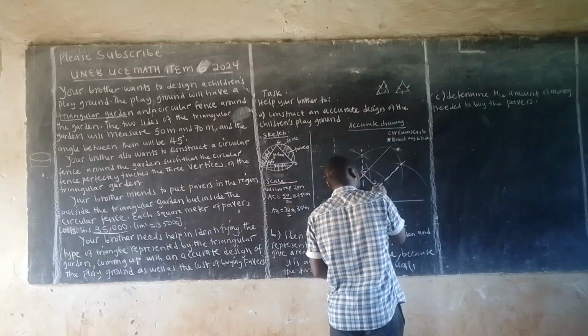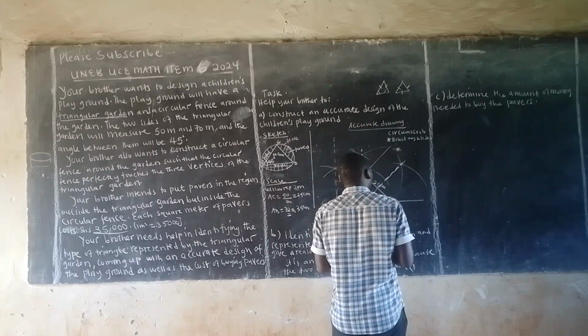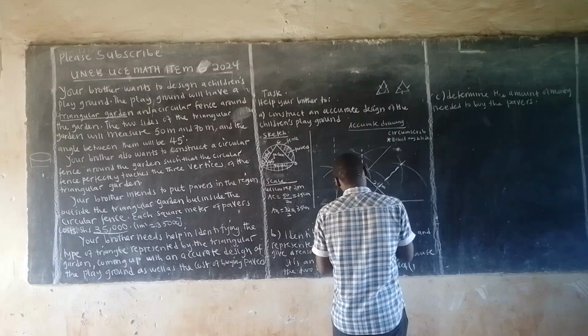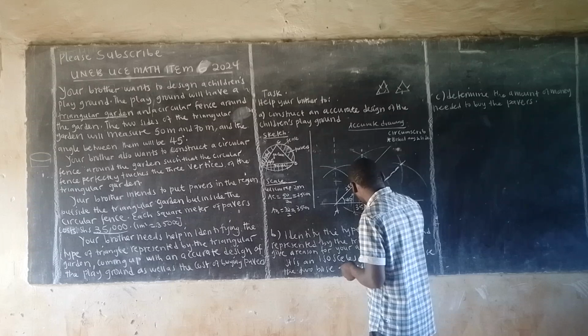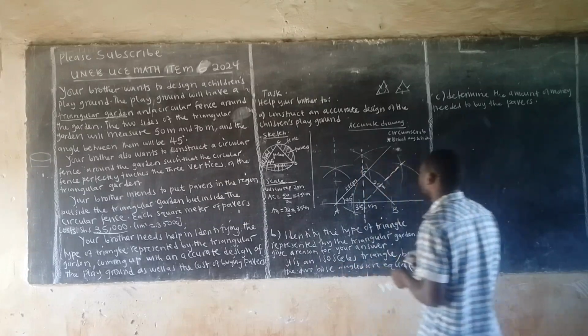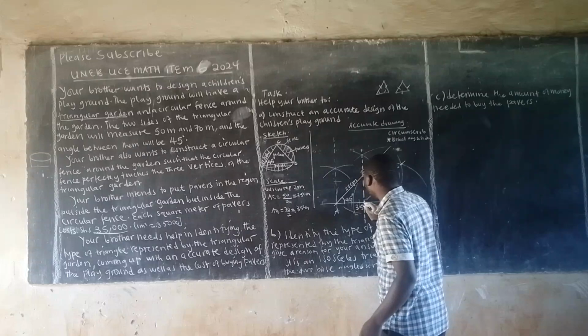Shall I remove this? That is passing through that area. Okay, now you realize that they are meeting around here, so the center of the circle will be there.